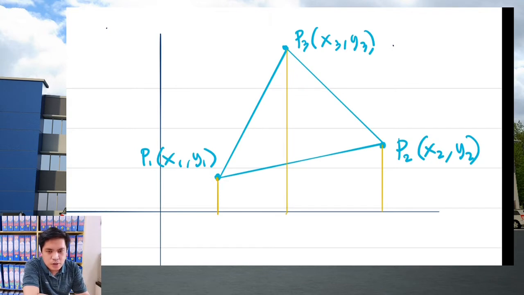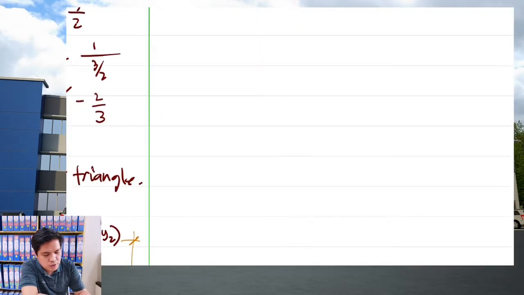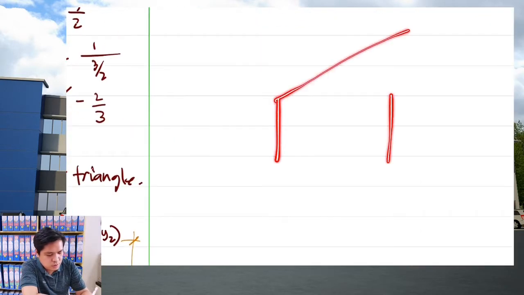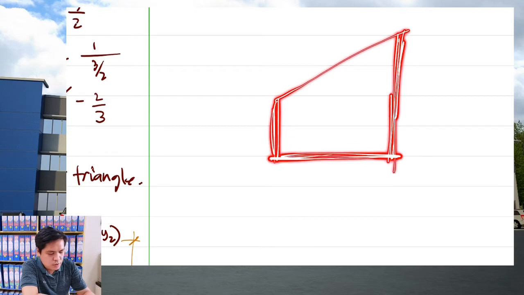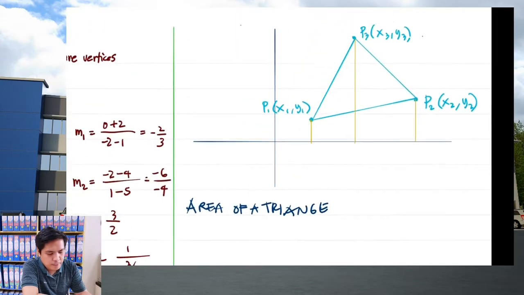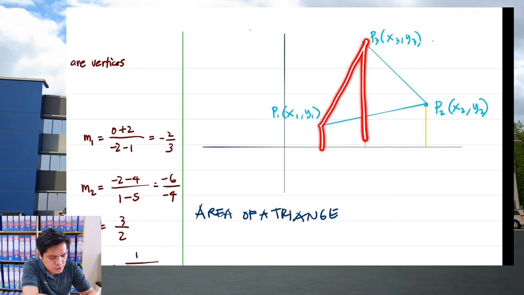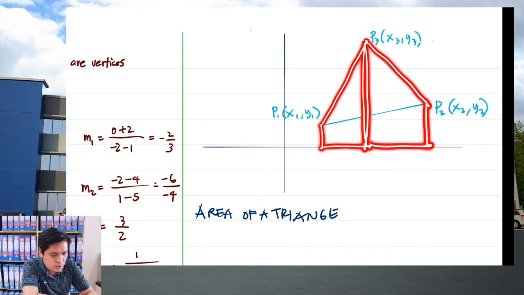trapezoids. Familiar naman kayo sa trapezoid, di ba? So, this is usually ganyan yung trapezoid. Okay. Eto. We have this trapezoid number 1. And we have this trapezoid number 2. And we have this trapezoid number 3.